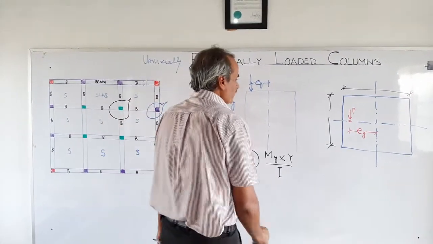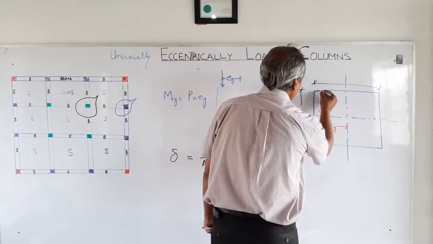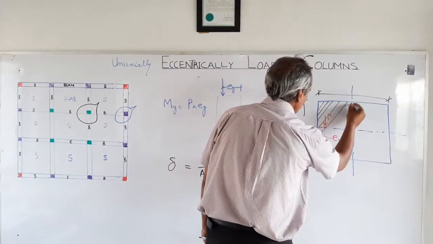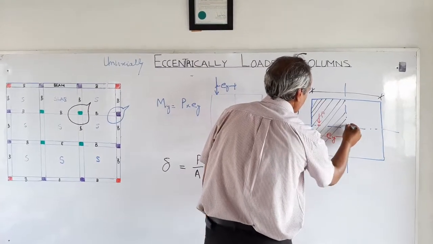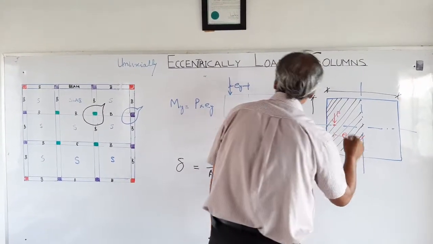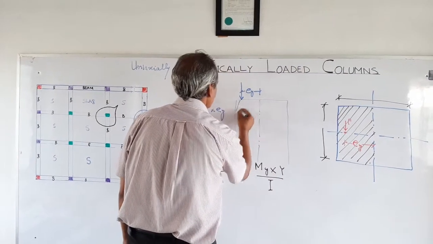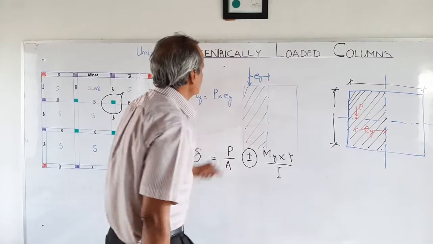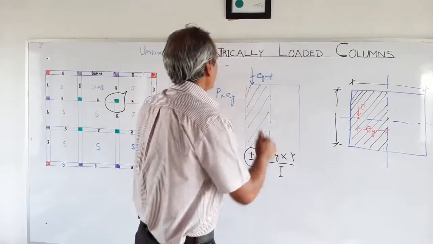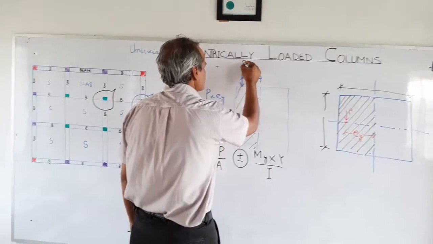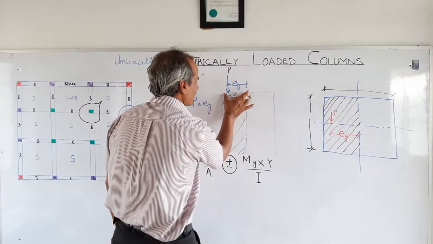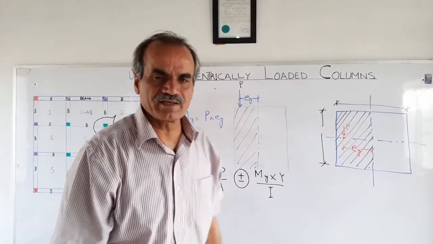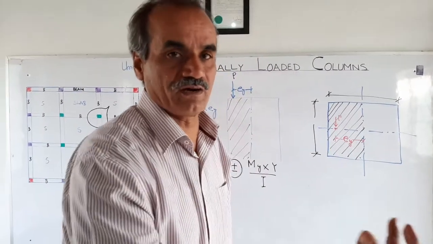Now if we are in this half, not quadrant, then you would appreciate this is this side of the column, and the load over here is trying to cause a compression in this half and tension in the other half.